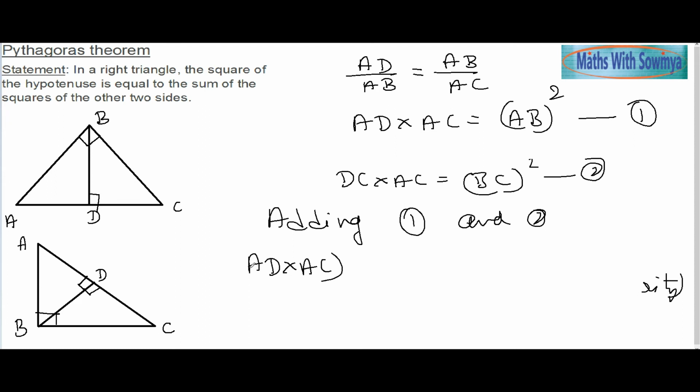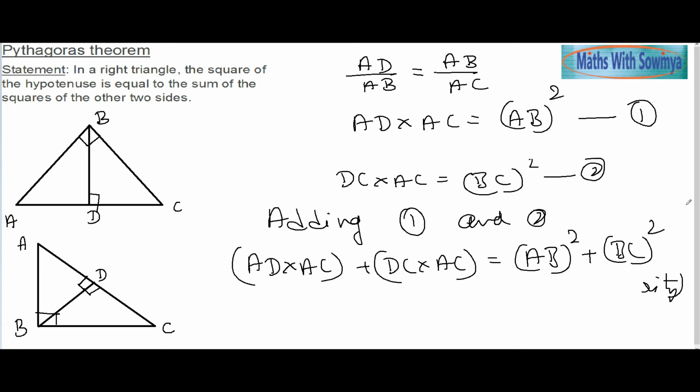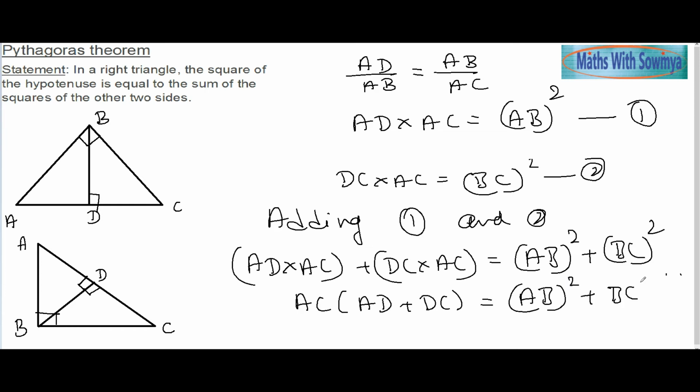AD into AC plus DC into AC, which is equal to AB square plus BC square. Now, here AC is common on the left hand side. We just remove the common factor here. On removing AC, I am left with AD plus DC, which is equal to AB square plus BC square.